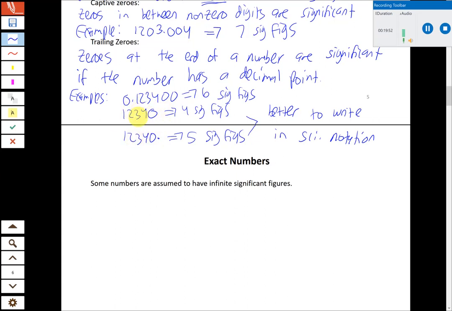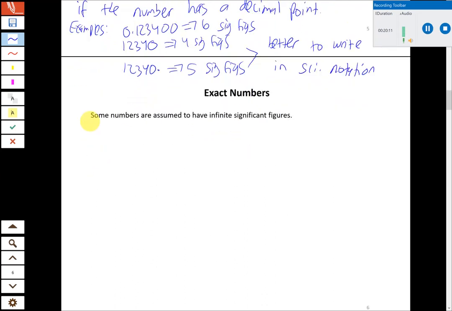But if you write the number without the decimal point, it's a little bit ambiguous whether that 0 is significant or not, although typically we say it is not. If you write it with the decimal point, then you definitely count it. So there's a little bit of weirdness with trailing zeros, but that's not something we're going to worry about too much in this class.